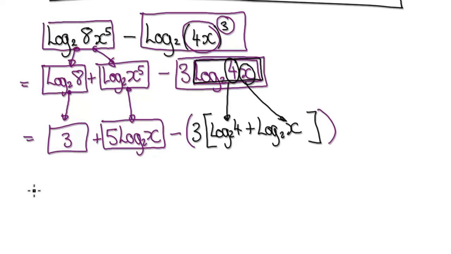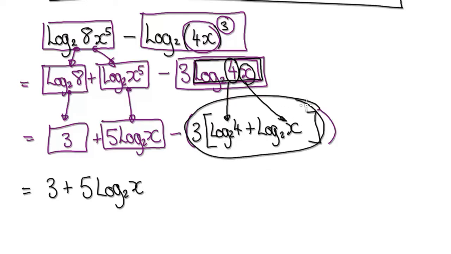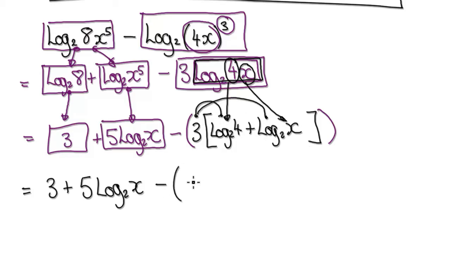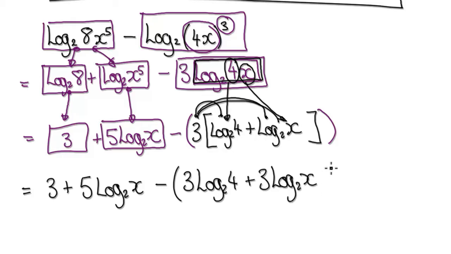So this will become 3 plus 5 log 2x, and then let's tidy this bit up first. That would be 3 of this thing and then 3 of that thing. So the minus is on the outside. It would be 3 log base 2 of 4, and then this times this, that would be plus 3 log base 2 of x.